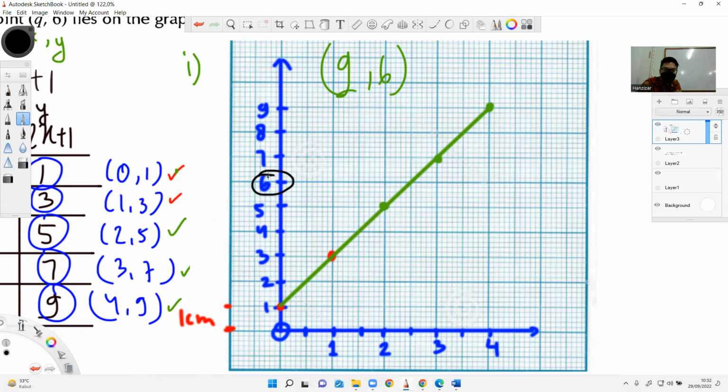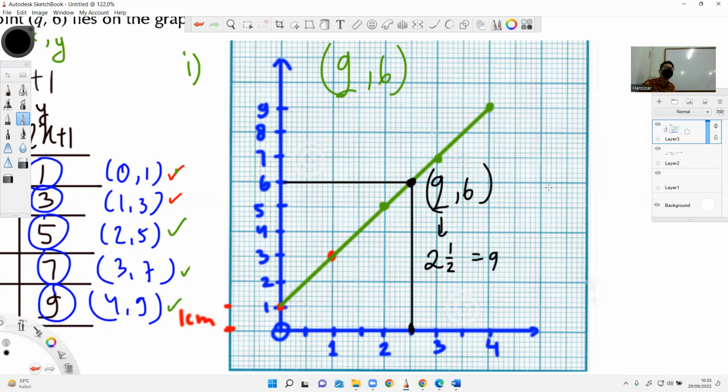Kevin, stop. When Y equals 6, where is the X? Can you determine the X? What is it? Look at the graph. Here is the X, right? So what is the number in between 2 and 3? Yes, that's it. So Q, 6, the Q is 2.5 or 5/2.